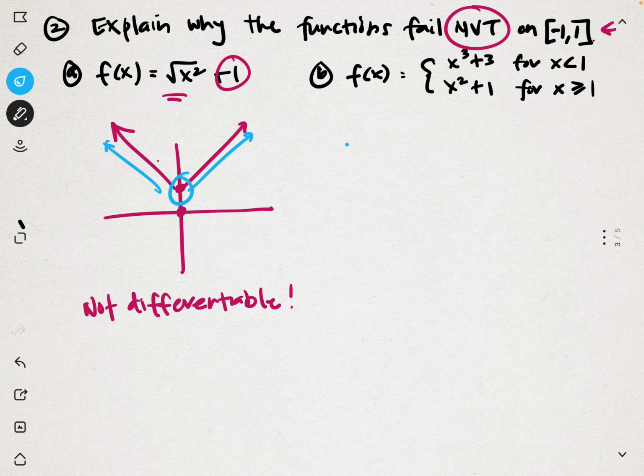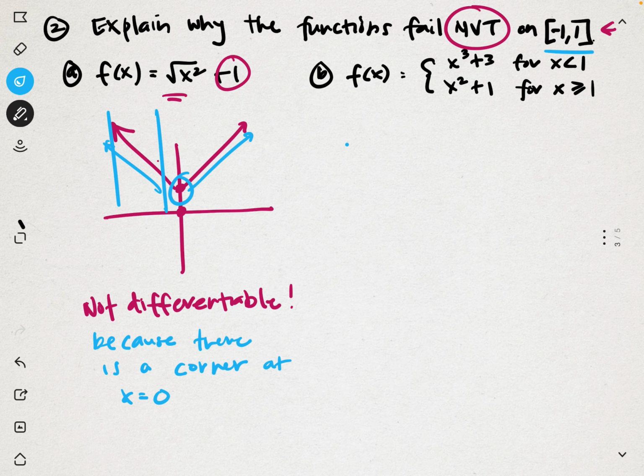But what we have here is a corner where x is equal to 0. Sometimes you might want to graph it out. Otherwise, if we know this is an absolute value graph, then there's going to be a corner somewhere in this interval. If we were talking about an interval outside the corner, the corner wouldn't make a difference and the mean value theorem should apply.